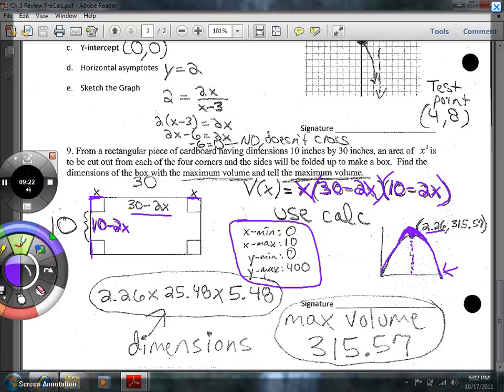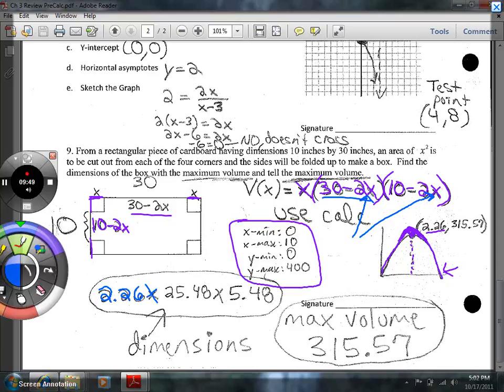I got 2.26, 315.57. So if the question says find the coordinates, or actually the dimensions of the box, one of them is x, so it's 2.26. Now we need to figure out the other dimensions. So take your 2.26 and plug it in right there and right there, and that'll get you the other dimensions.